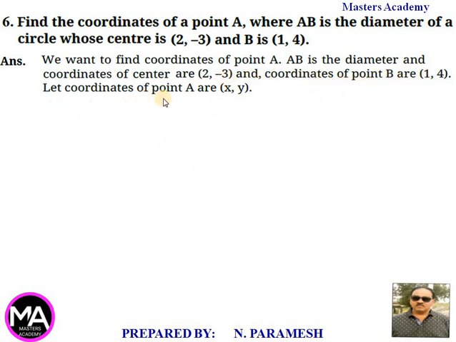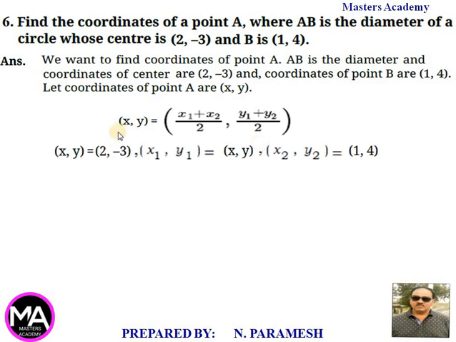Let the coordinates of the point A be (x, y). Using the midpoint formula, (x, y) is equal to ((x1 + x2) by 2, (y1 + y2) by 2). Substituting the values, (x, y) is equal to (2, -3), (x1, y1) is equal to (x, y), (x2, y2) is equal to (1, 4).